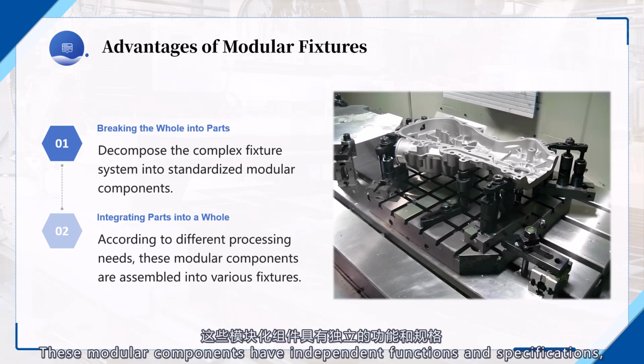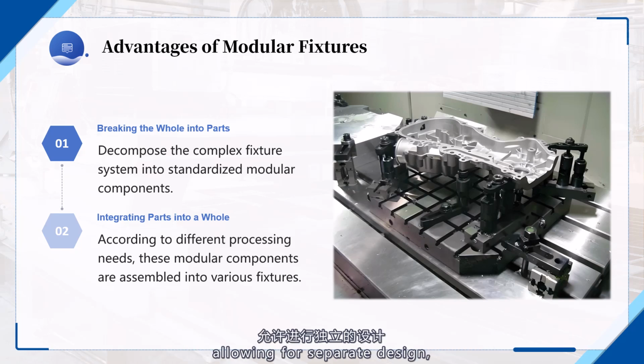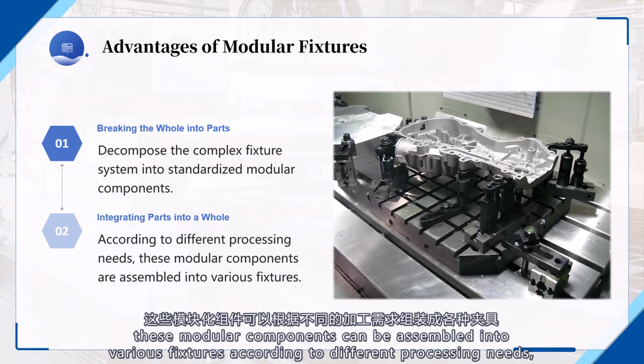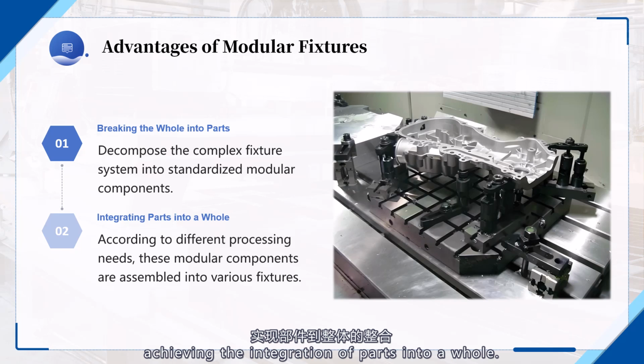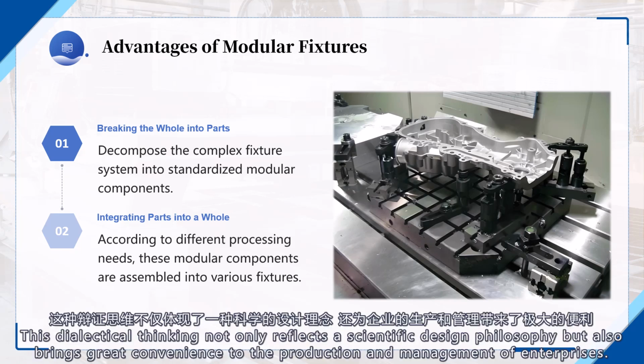These modular components have independent functions and specifications, allowing for separate design, manufacturing, and inspection. In practical applications, these modular components can be assembled into various fixtures according to different processing needs, achieving the integration of parts into a whole.